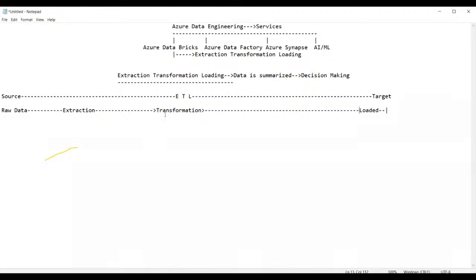Loading. Same way, guys, picking up the vegetables from multiple 100 vegetables, but you are picking up only 5 vegetables. And the process of picking up vegetables from the supermarket is called as what? Extraction. Once the extraction is done, then what are you doing?